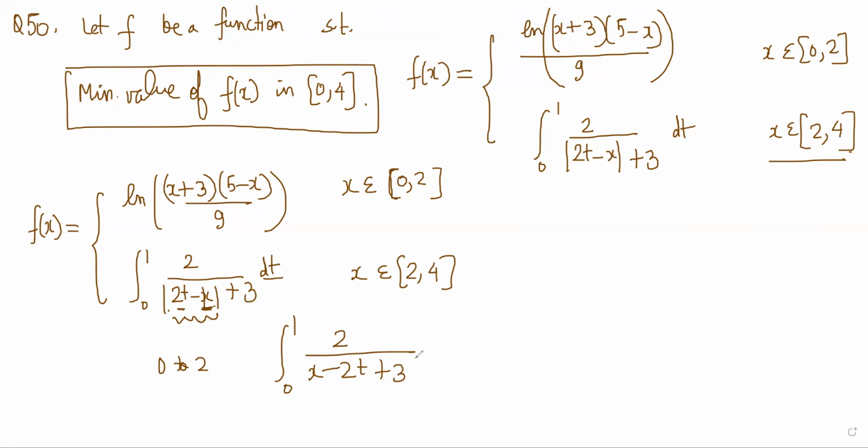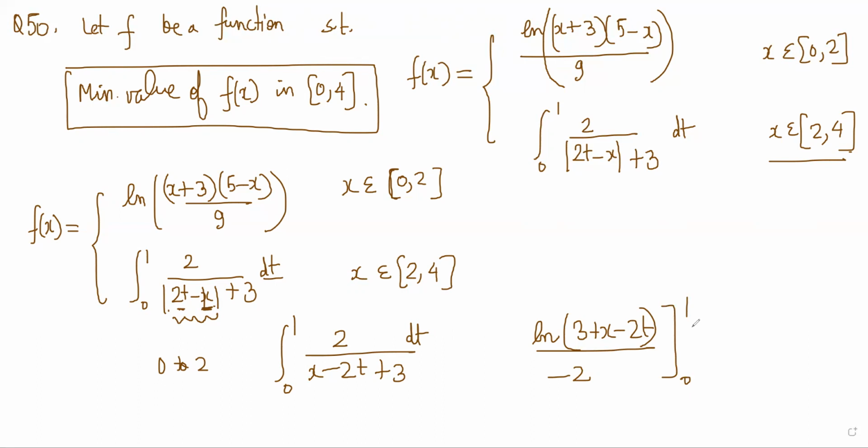So this integral dt will just come out to be ln, by the way, ln of 3 plus x minus 2t by minus 2, right? And correct that value, and then 0 to 1 you will do, right?